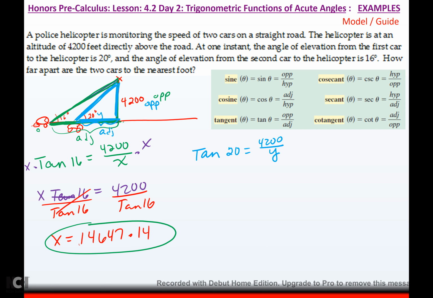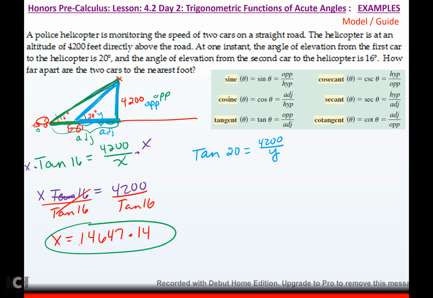Divide by tan 20, and y equals 4,200 divided by tan 20. And I get 11539.41. Alright, so that's the little blue part.